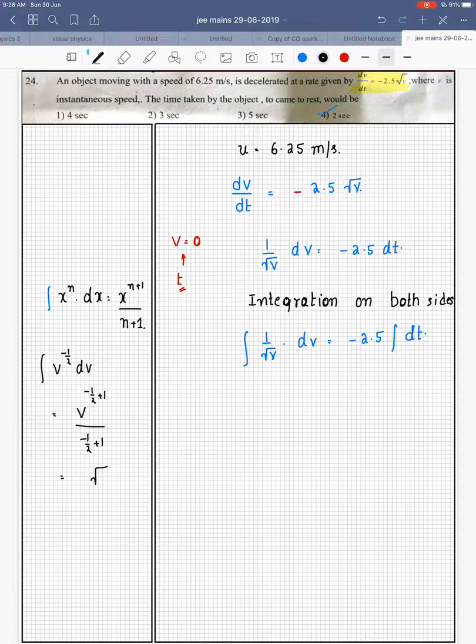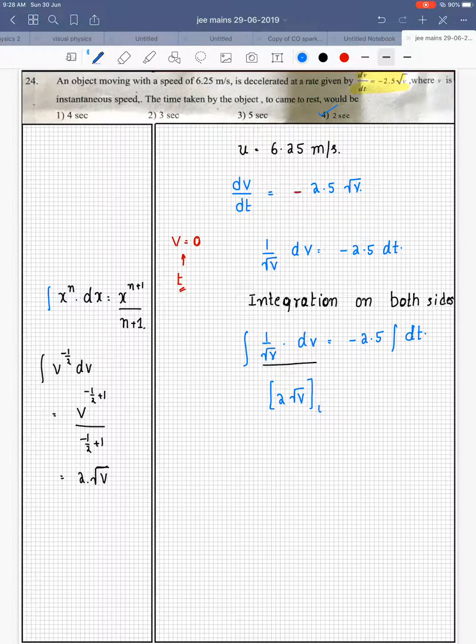So this is how you get the value of integral 1 by root v dv, which equals 2 root v.